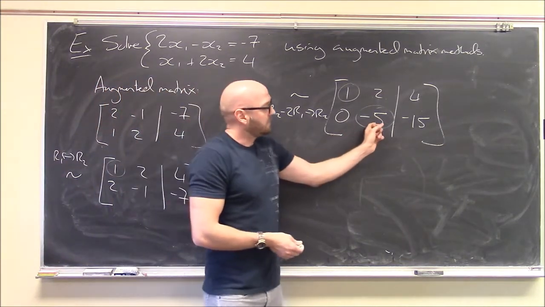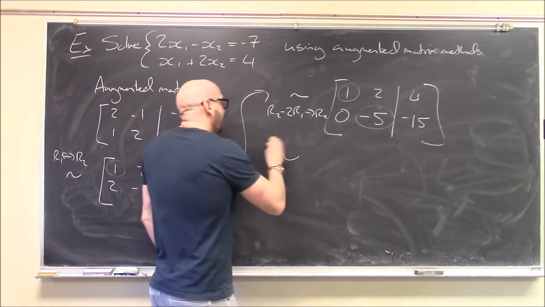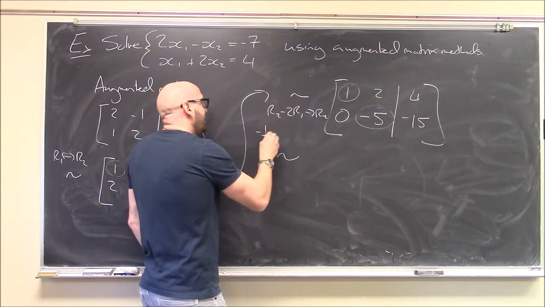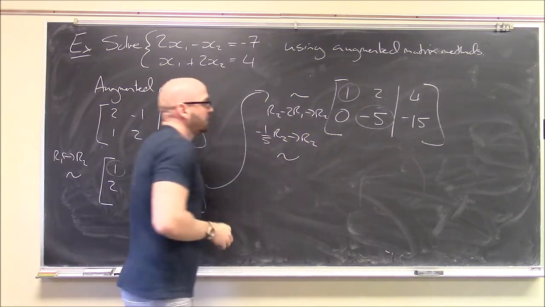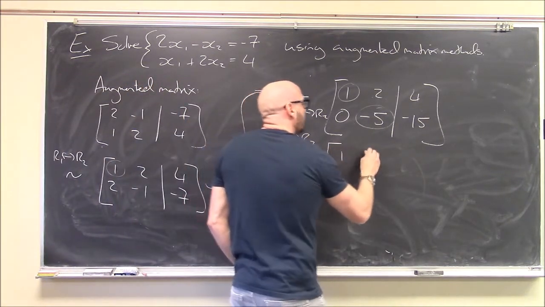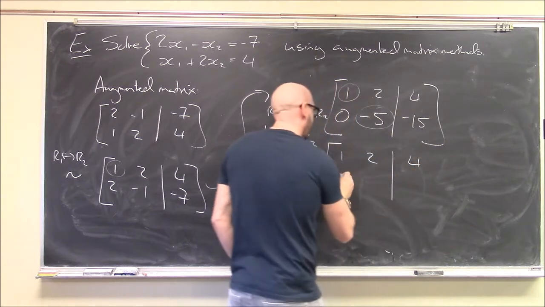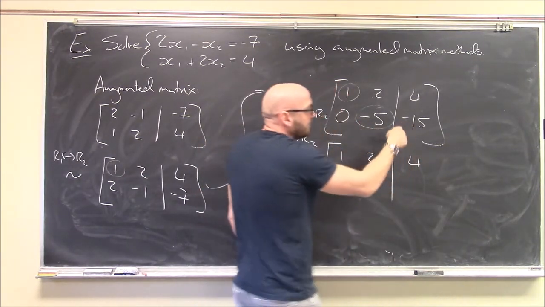Well, I could just divide that entire row by minus 5. So we'll do that. Let's do minus 1/5 row 2 as our new row 2. So I've got 1, 2, 4, 0, 1, dividing by minus 5. And this is nice because this is an integer.